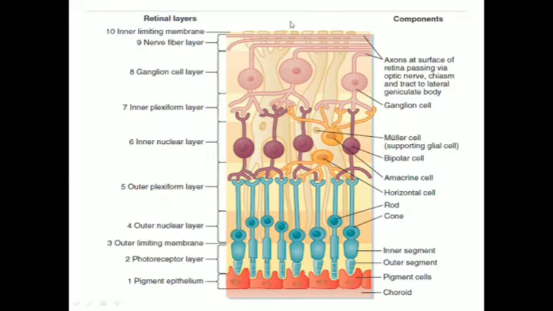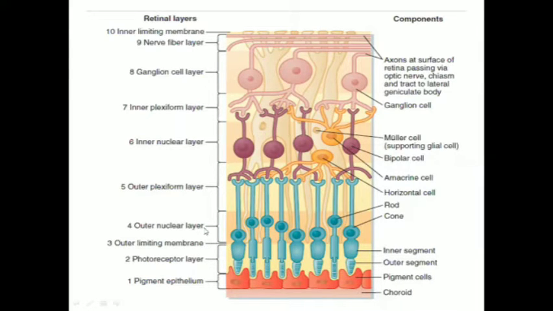That is, the light enters through this direction, and it falls on the pigment cells. So this is the pigment epithelium, then the photoreceptor layer containing the rods and cones. These are the rods, these are the cones. Then this is the outer limiting membrane.